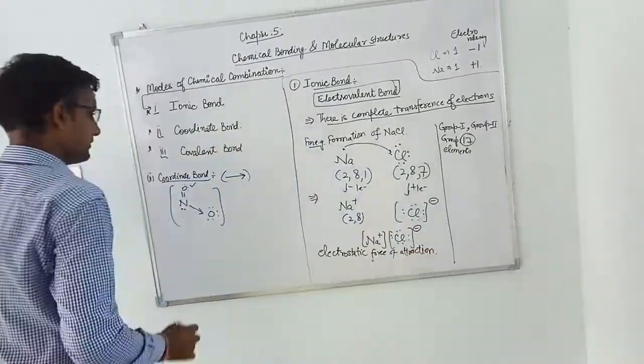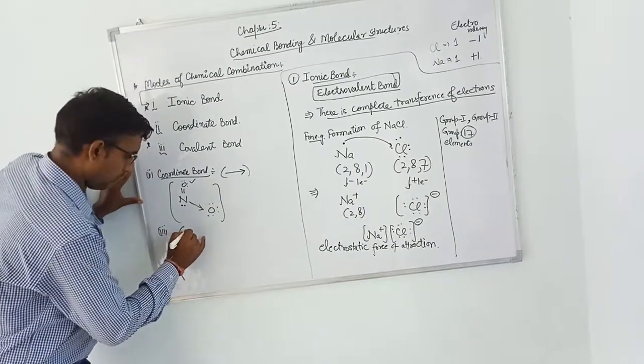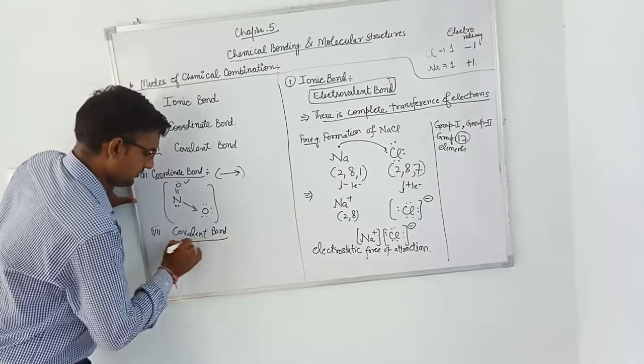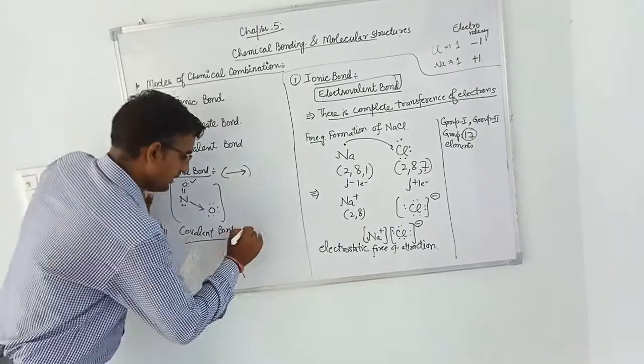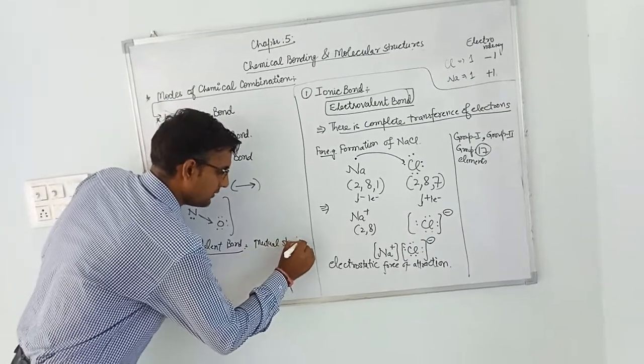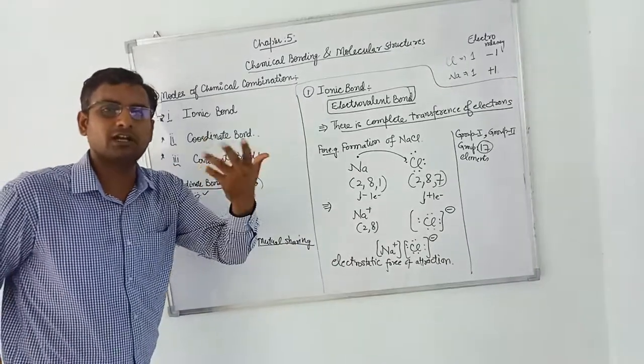Now students, we have the third category, that is the covalent bond. Covalent, as you have also studied in the lower classes, is the mutual sharing bond. The bond which is formed by the mutual sharing of electrons is called a covalent bond.